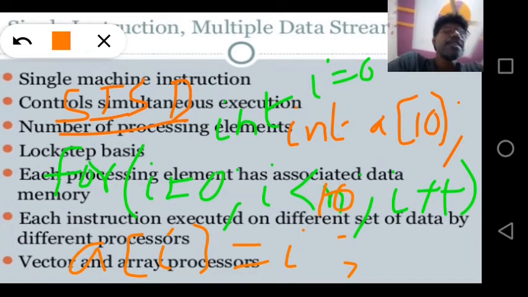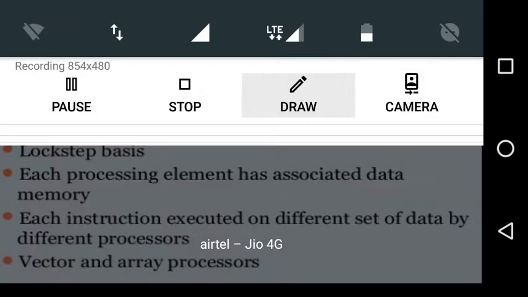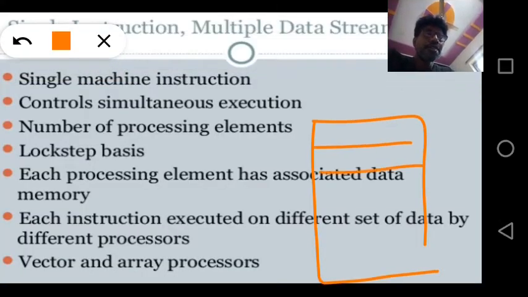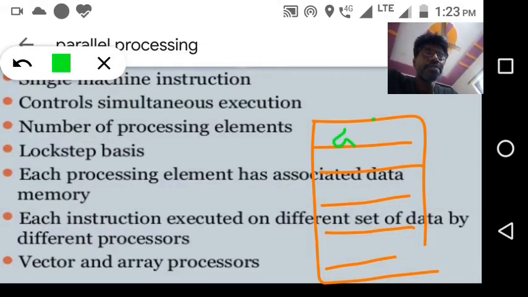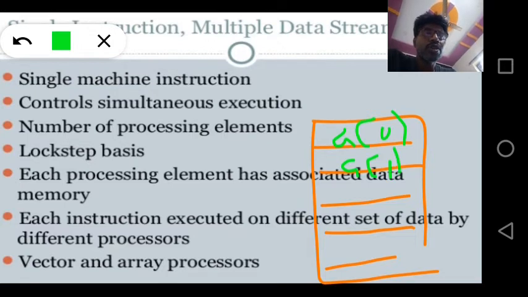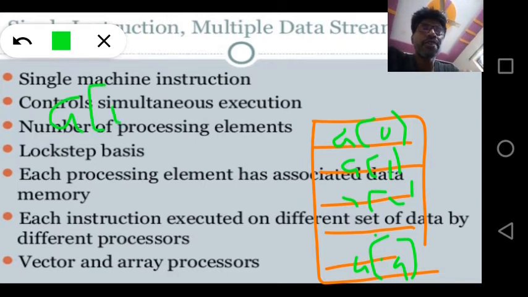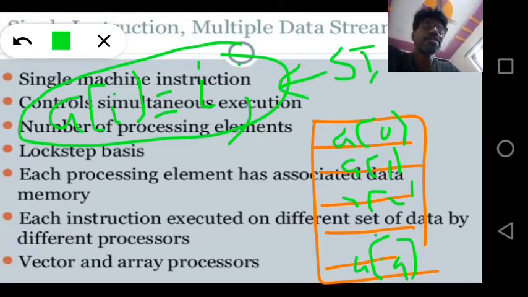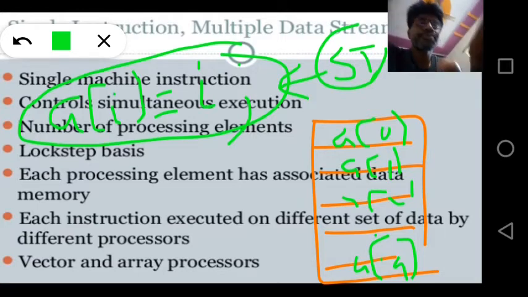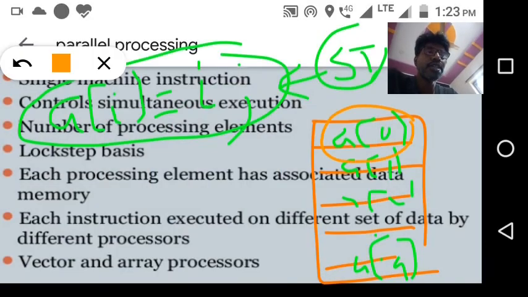In case of an SISD computer, this is the code. The specialty of this array is that the elements are stored in contiguous memory locations, A of 0, A of 1, A of 2 up to A of 9. If you see the statement in the for loop, A of i equals i is a single instruction, and it requires a single data.